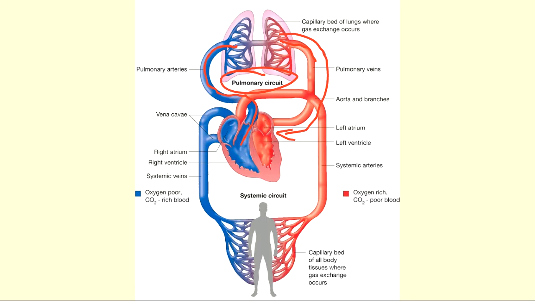And the systemic circuit, from the heart to the body through the aorta, and again they deliver oxygen to the body tissues through the capillaries, and when they're coming back from the capillaries, it goes in through either the superior or inferior vena cava.